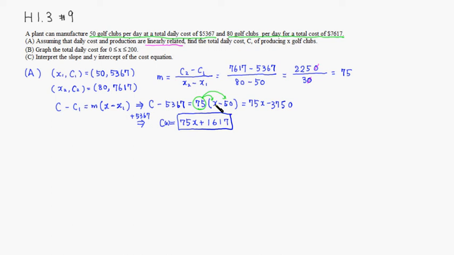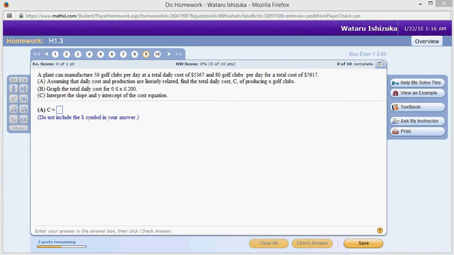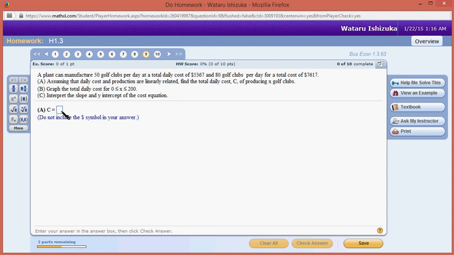And part B, graph the daily cost. Actually, let's go ahead and type this in first. What we found was 75x plus 1,617. So let's check the answer.